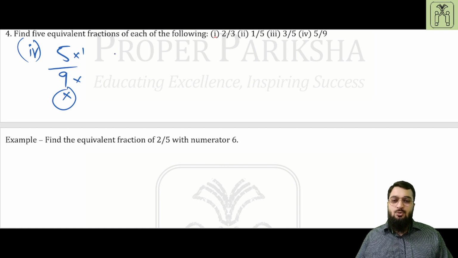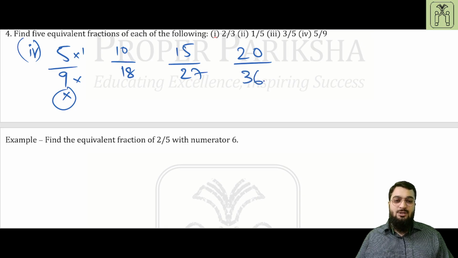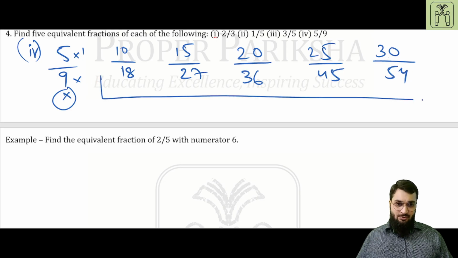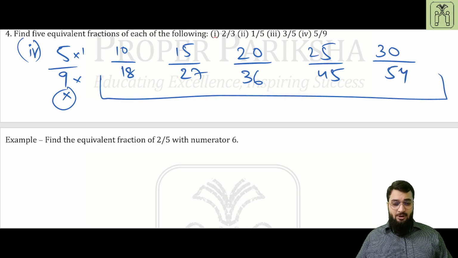Into 2, that will be 10 upon 18. Into 3, that will be 15 upon 27, since 9 3s are 27. Into 4 will be 5 4s are 20, 9 4s are 36. Into 5 will be 5 5s are 25, 9 5s are 45. And into 6 will be 6 5s are 30 and 9 6s are 54. So these are the equivalent fractions of 5 upon 9.